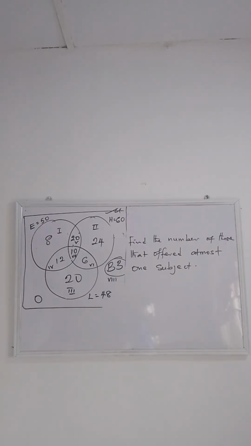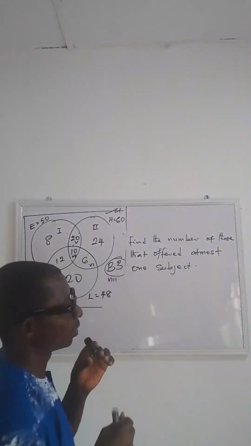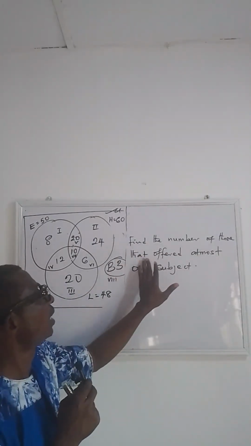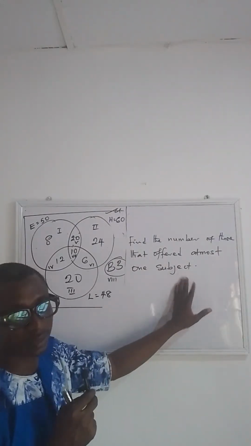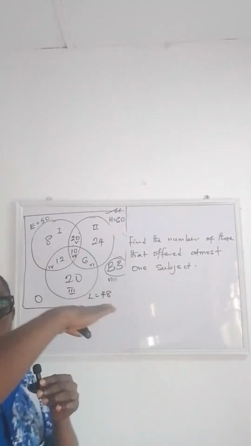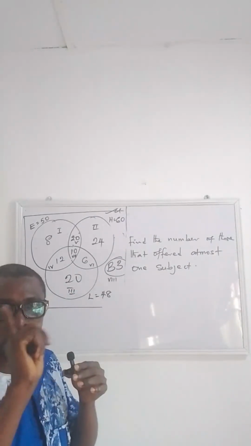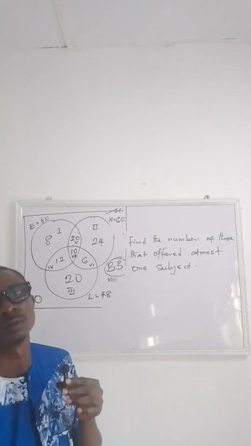So now let's verify if the answers you gave are correct. The question says find the number of those that offered at most one subject. Now, at most is bounded above. That is, those that will do only one subject or will not even do at all.